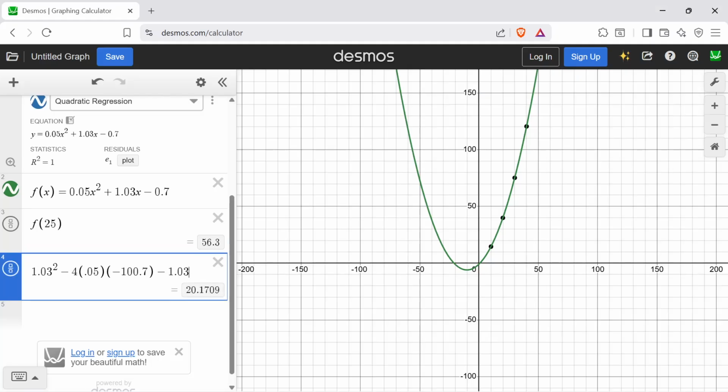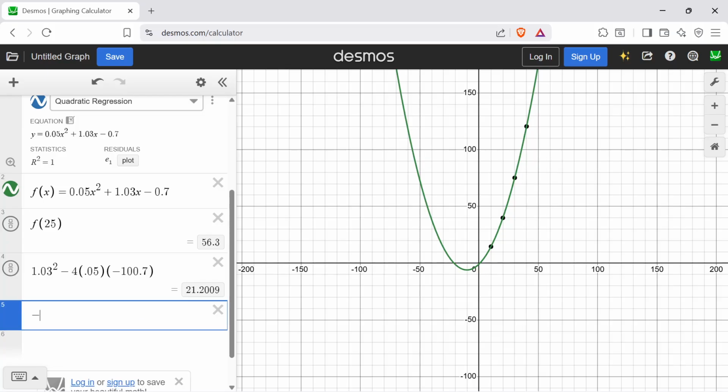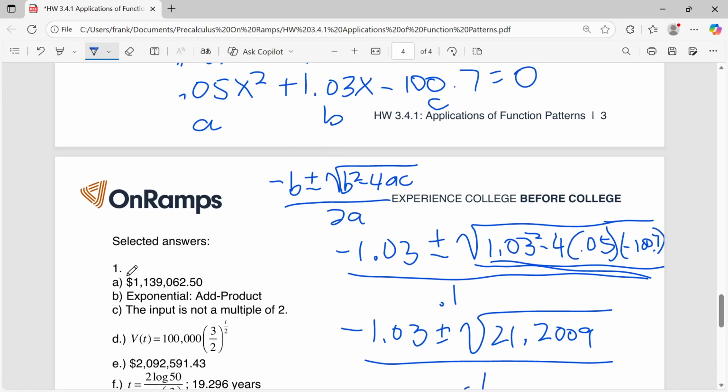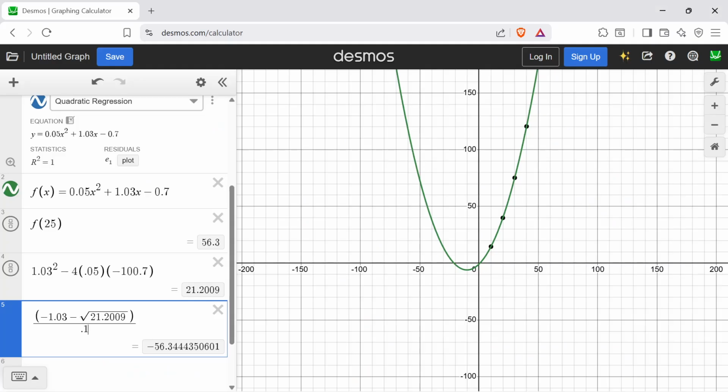Negative 1.03 minus the square root of 21.2009, all divided by 0.1. I get negative 56.